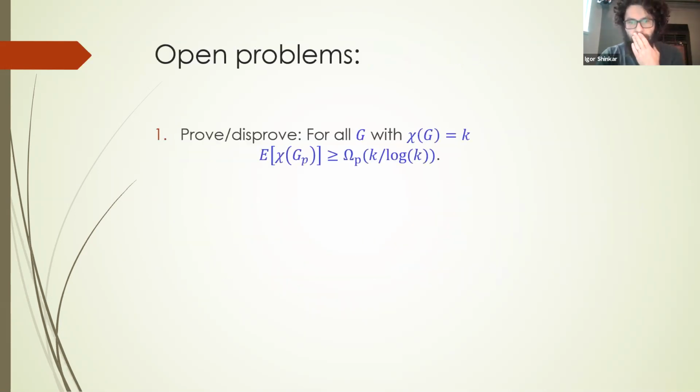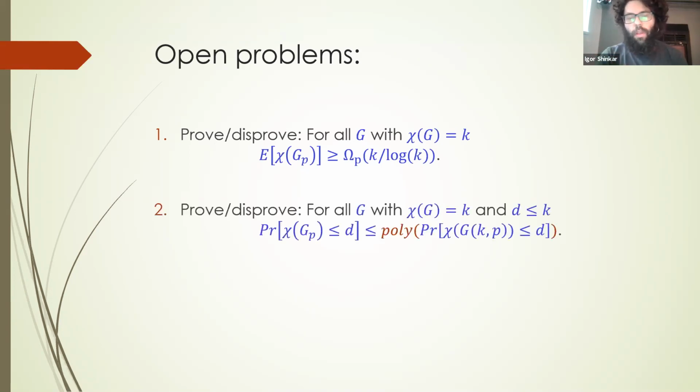All right. So maybe I'll conclude with some open problems. One open problem, I told you this one: prove that for every graph with chromatic number k, when we remove half of the edges, the chromatic number in expectation or with high probability stays at least k divided by log k. Maybe as an intermediate step, try to do some comparison: what happens on an arbitrary graph with chromatic number k as opposed to the complete graph.